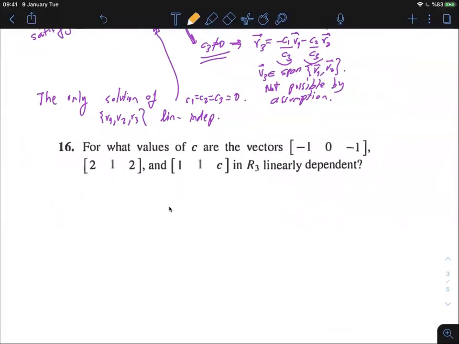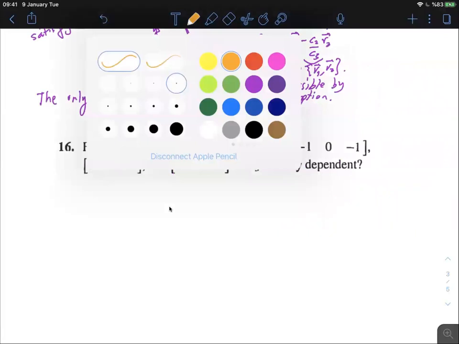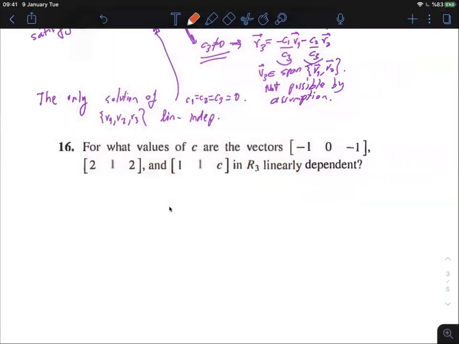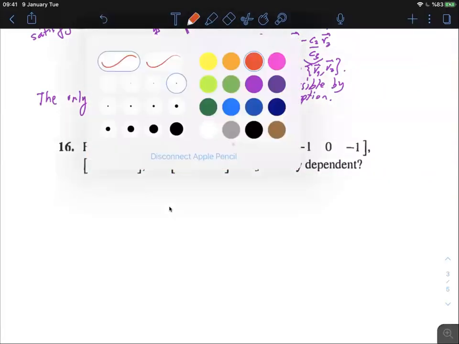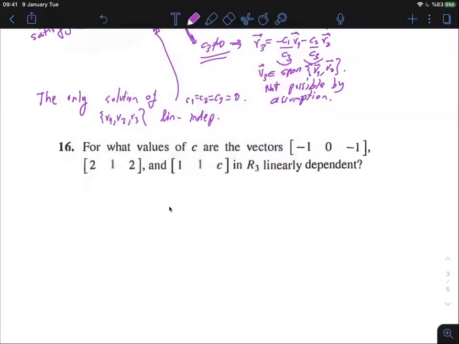Okay, let's look at this one. For what values of C are this vector, and this vector in R3 linearly dependent? To be linearly dependent, we have to again look at this equation.